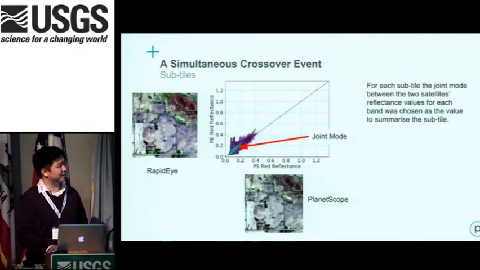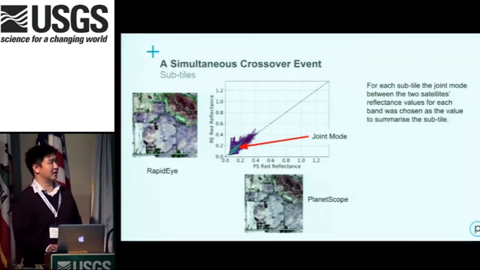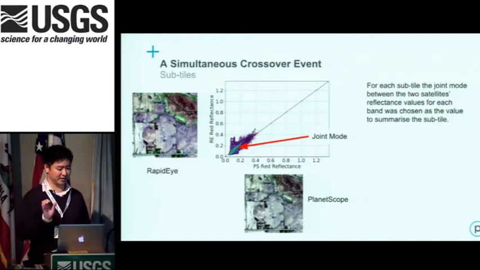For each subtile, we only use the joint mode of the distribution of pixels between the RapidEye and the PlanetScope satellite to summarize the reflectance value for each of the bands for that subtile. This was an attempt to force some kind of homogenization onto the dataset.